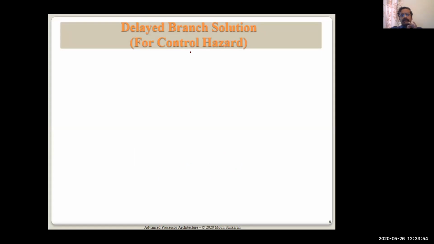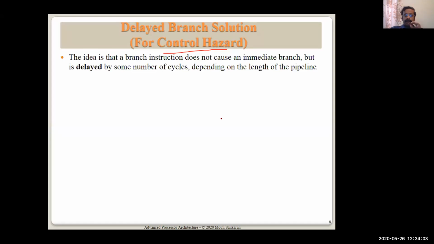It's a solution for a control hazard, because we know that a control hazard is going to lose one instruction going through the pipeline completely, because it is going to lose the time. The idea is that a branch instruction does not cause an immediate branch, because it's not jumping immediately, but is delayed by some number of cycles. See, actually the branch is not happening immediately, right?